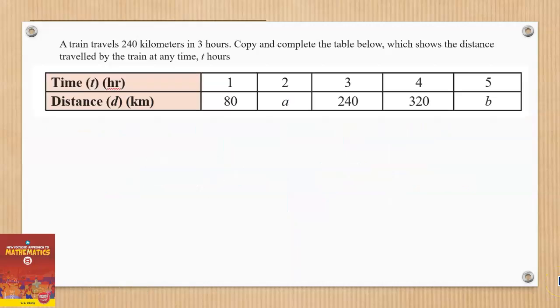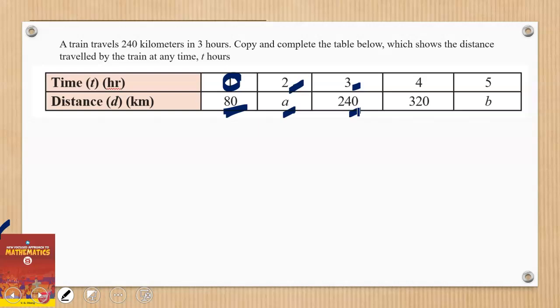Now we'll take the last question, which is in table form. A train travels 240 kilometers in 3 hours. Copy and complete the table below, which shows the distance traveled by the train at any given time t hours. Now we've seen that for 1 hour the train is traveling 80 kilometers. For 2 hours we don't know what is here, but for 3 hours we have 240.